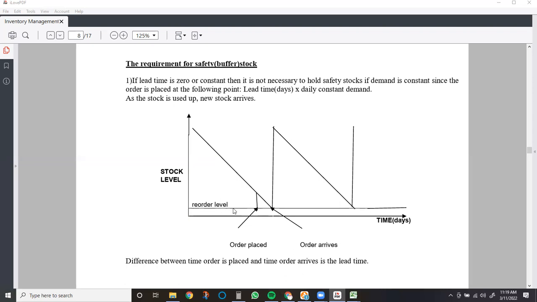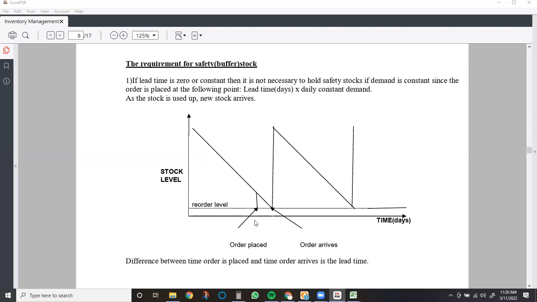Now this here, you need to be careful about, because if you are doing a question, the examiner may give you certain things, and you need to know how to interpret the different levels and so forth. All right, what is what and so on and so forth. Okay. Because this diagram can be interpreted in different ways according to whether there is safety stock or no safety stock.